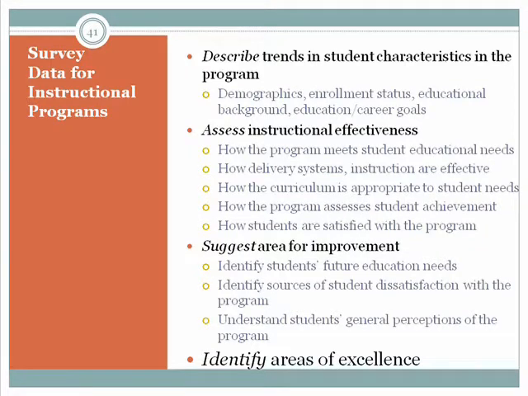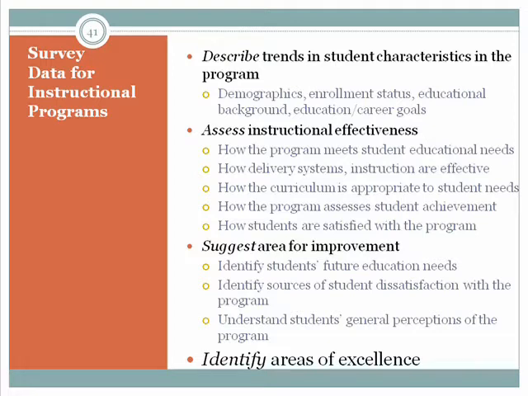Now that we have defined and illustrated both program and institutional data for academic departments, we will focus on one type of primary data, survey data, for instructional programs. Programs typically use surveys to describe trends in student characteristics in the program. For example, trends in demographics, enrollment status, educational background, and education or career goals.